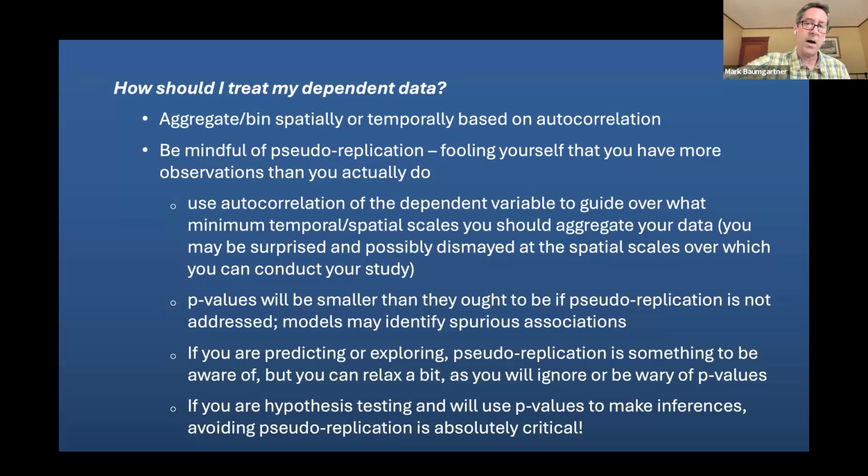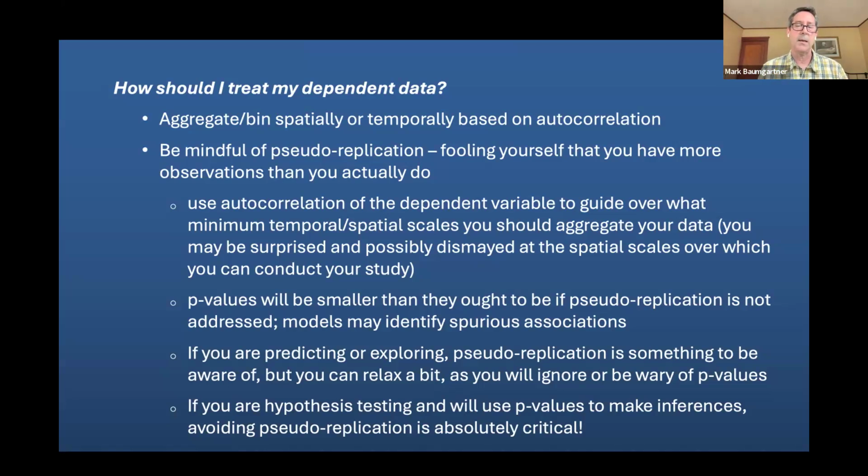And if I take it in 2 hours, it'll still be pretty similar. If you keep going out in time, eventually you'll get to a time scale in which the temperature that you measure at that distant time has nothing to do with the temperature that I take now. And so that time scale is something that we're going to want to measure, because that's going to be important.